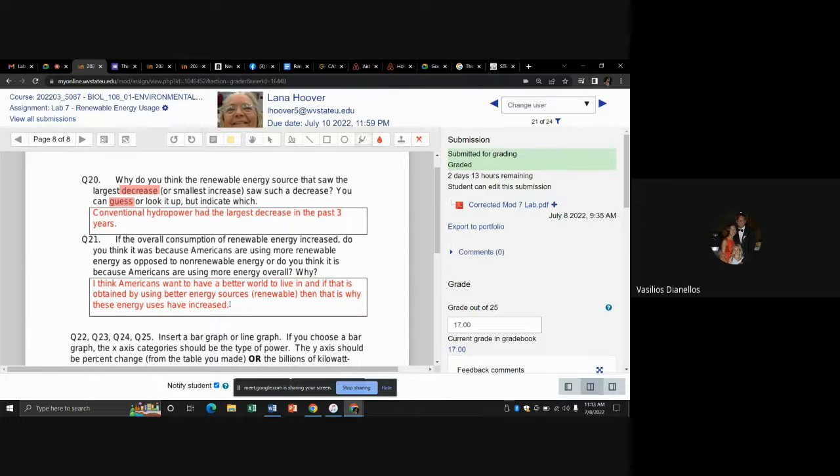And then, yeah, this is good too. If the overall consumption of renewable energy is increased, do you think it was because Americans are using more renewable energy as opposed to non renewable energy? Or do you think it's because we are using more energy overall? So, to reword that, are we saying that, of course, we're using more renewable energy because we're using more energy overall?